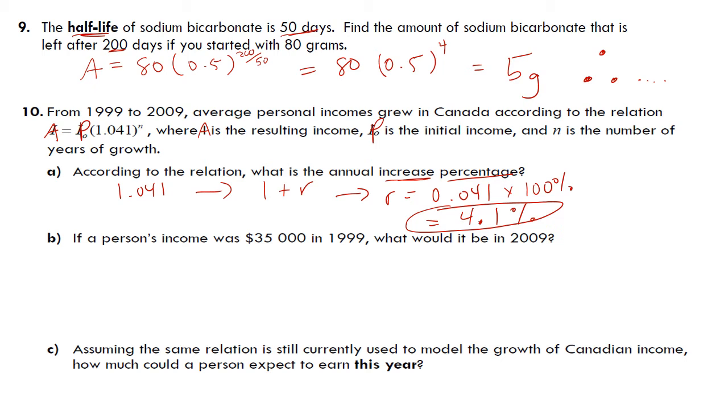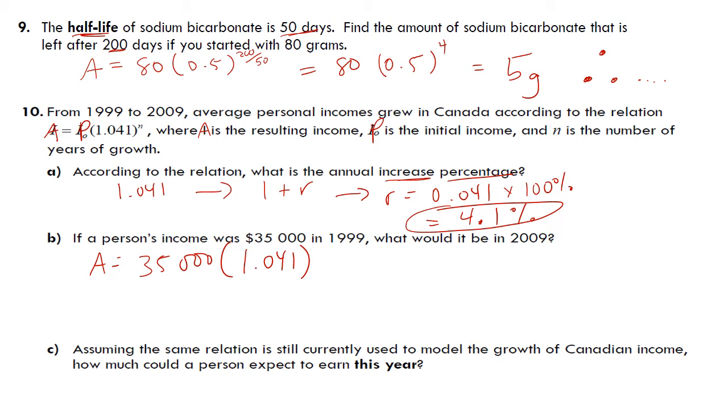B, if a person's income was $35,000 in 1999, what would it be in 2009? So A equals our starting amount, 35,000, 1.041. And remember, common mistake, someone's going to put 2009 in for the exponent. You are going to get an astronomical number, so high that it should ring alarm bells that someone's income went from 35,000 to like hundreds of millions in 10 years.